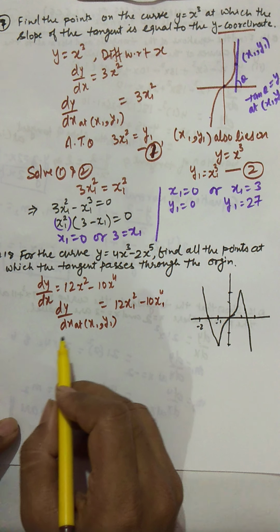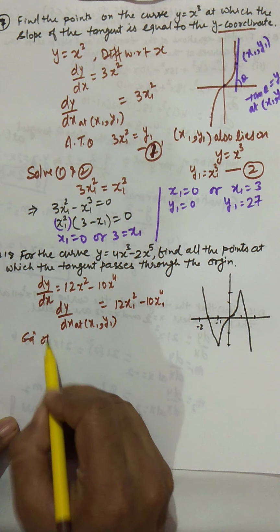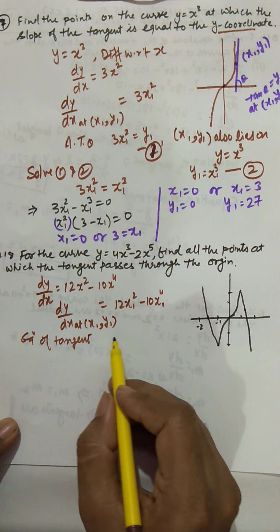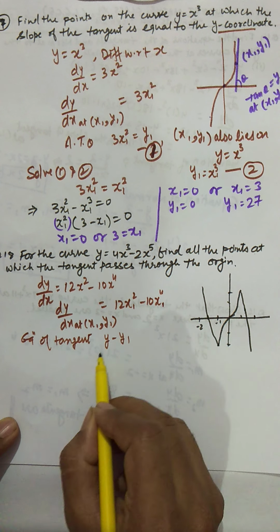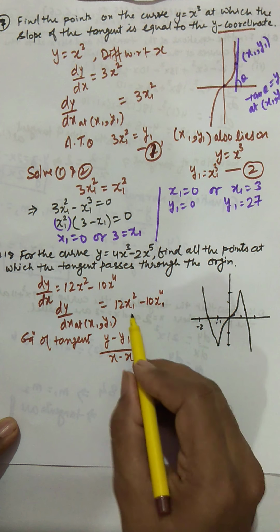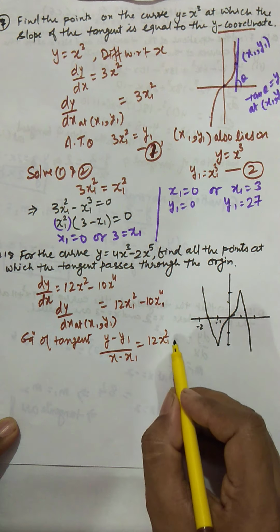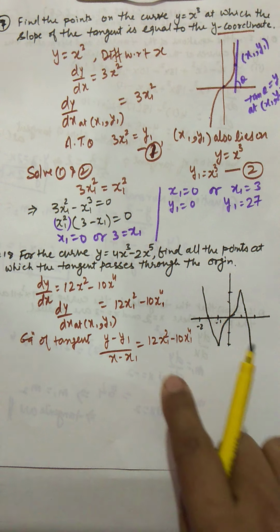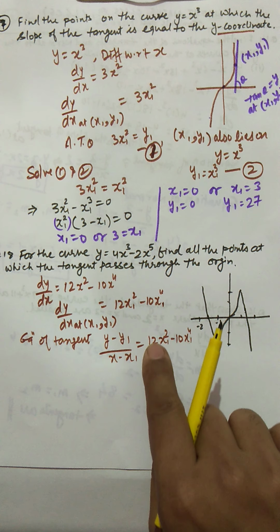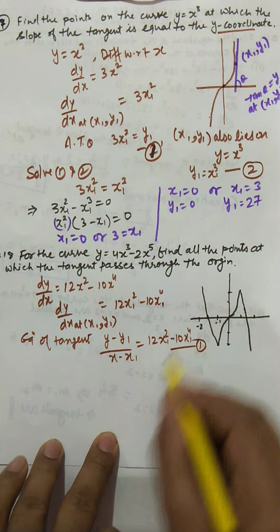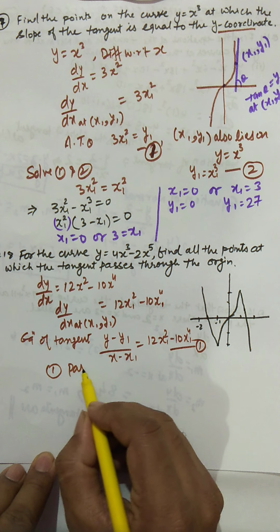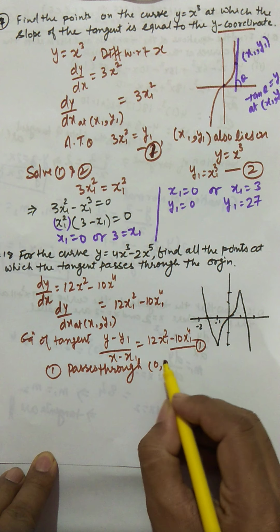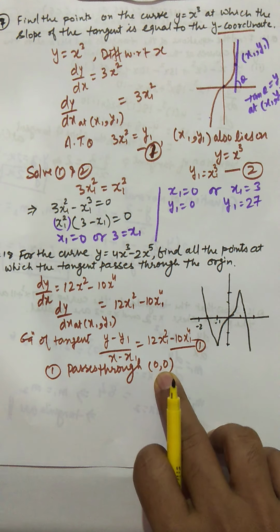Now we are finding the equation of the tangent. The equation of the tangent is (y - y1)/(x - x1) equal to the slope, 12x1² - 10x1⁴. Mark this as 1. Since it passes through the origin (0, 0), we put x equal to 0 and y equal to 0.